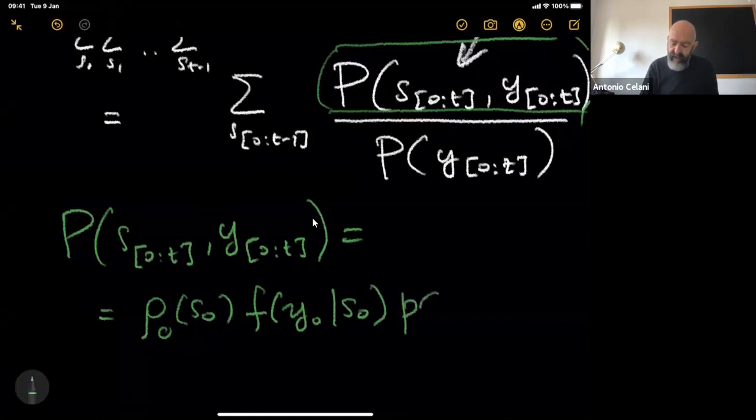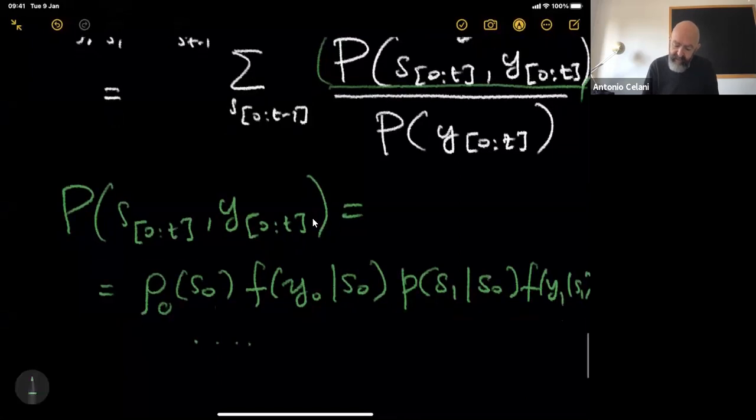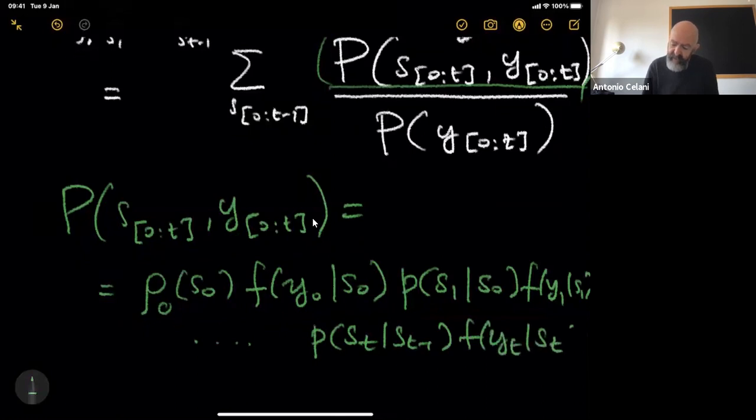And then I make a transition to a new state S1, given S0. And then I make an observation y1 in state 1, and so on and so forth. So there is this long product of transitions until I get to state t from state t minus 1, and I make observation yt from state st.